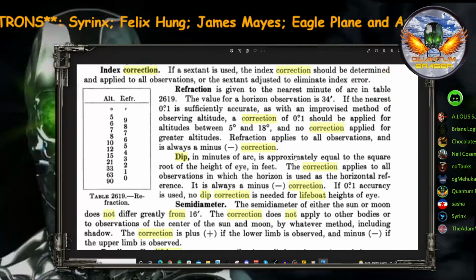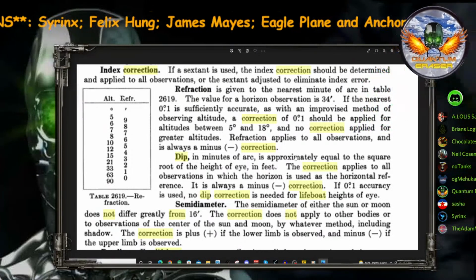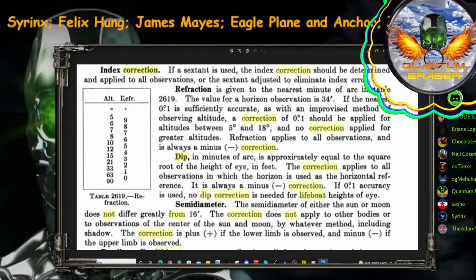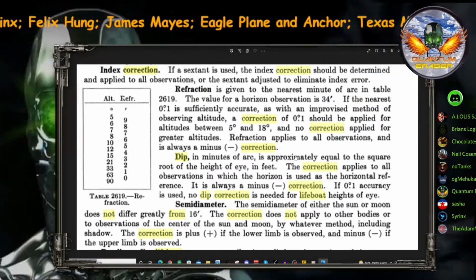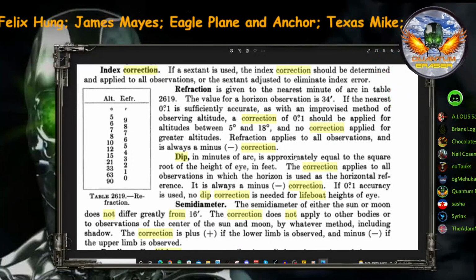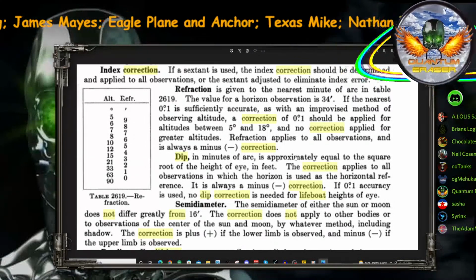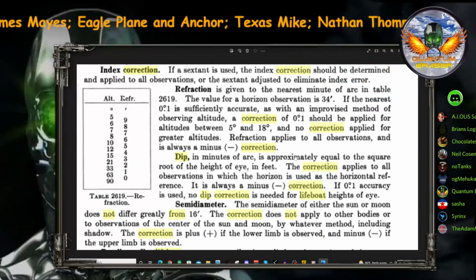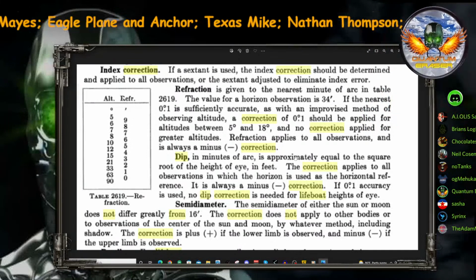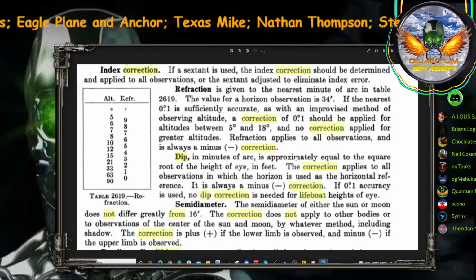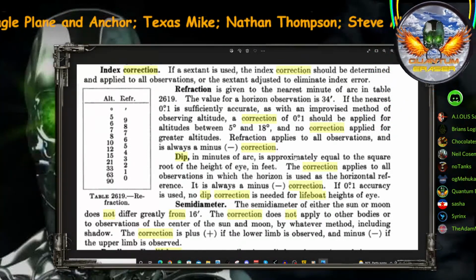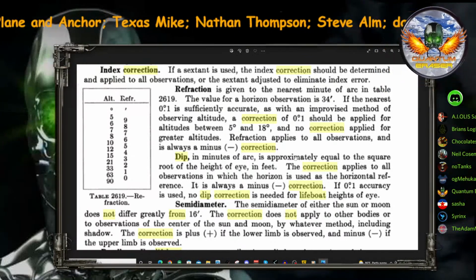And this shows you right now, if you're on a lifeboat, you don't even need it. If you're in a rubber ducky life preserver, that's even closer to sea level, so you most assuredly aren't going to need it. And if that's purely a function of the height of eye, then it doesn't have anything to do with anything else other than the height above sea level. Everyone follow? I hope everyone got that.